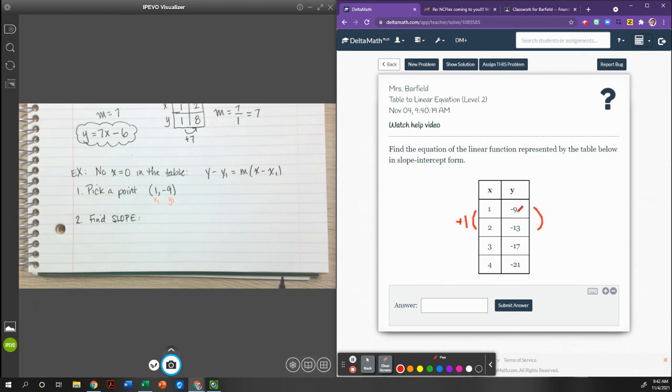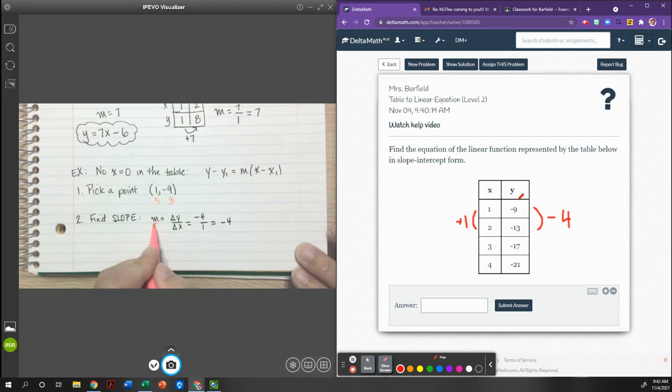Well, that's -4, because that's minus 4. Then I'll do my y over x. My m, remember, is the change in y over the change in x. So that was -4 over 1, which equals -4. So that is my m value.